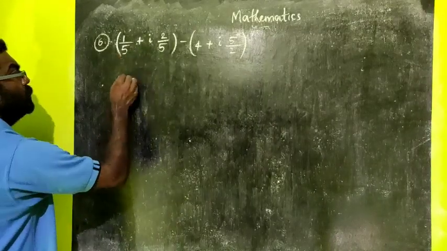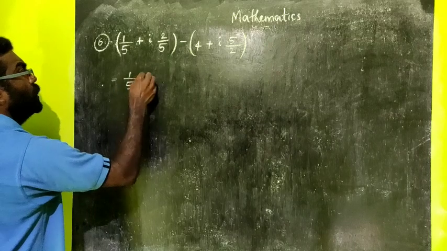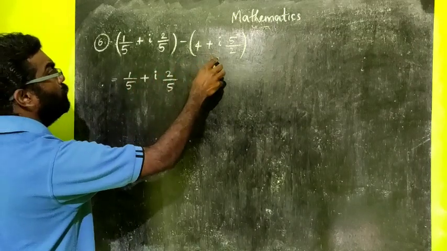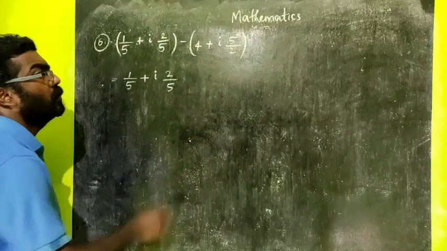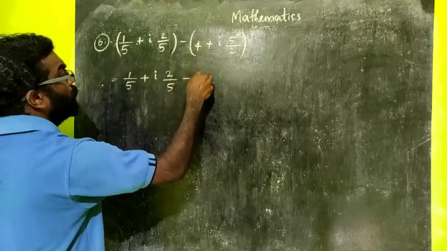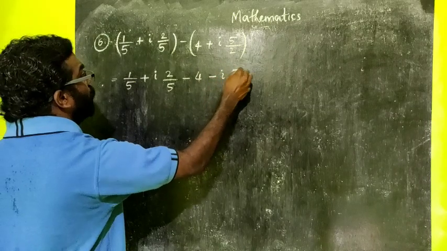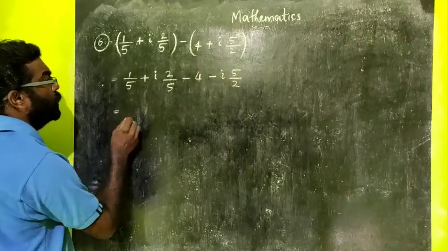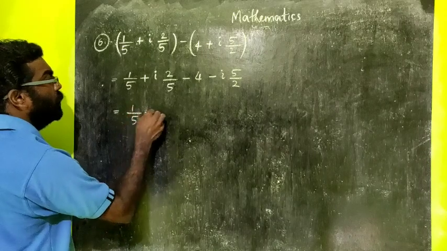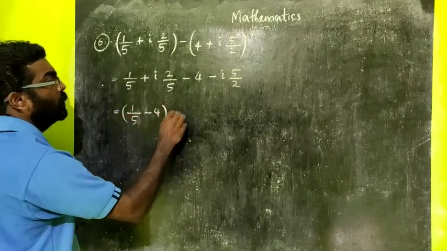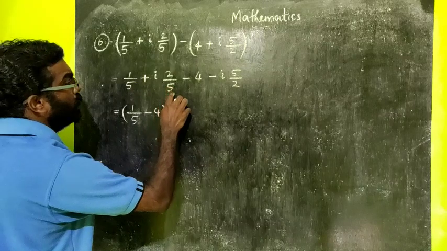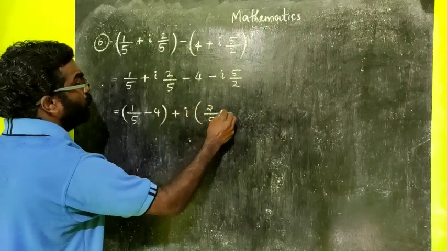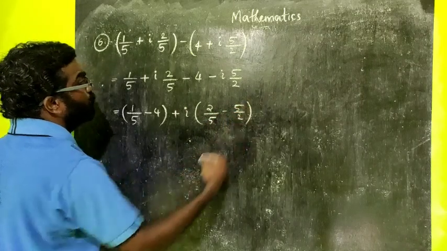Here the next question is 1 by 5 plus i into 2 by 5, then minus of 4 plus i into 5 by 2. We can remove the bracket. Minus 4 minus i into 5 by 2. Now we can rearrange the terms, group the real part, 1 by 5 minus 4. Then plus in the imaginary part we can take i common, so i into 2 by 5 minus 5 by 2.